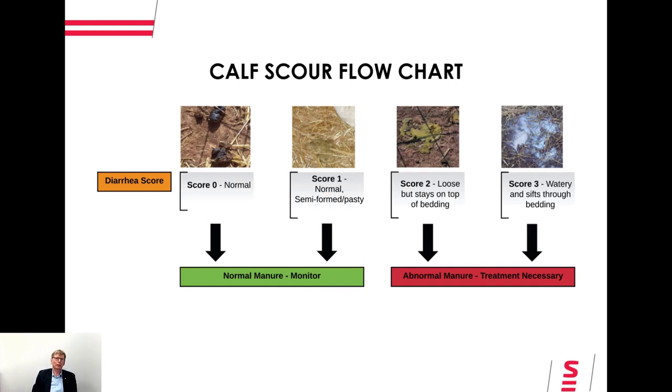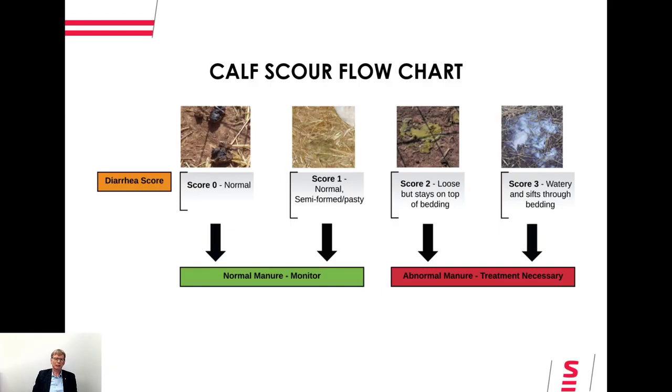I'd like to take you to a flow chart about calf scours. So we start with looking at the diarrhea score. Again, 1 is normal, semi-formed, 2 is loose but stays on top of the bedding, and 3 is really watery, sifting through the bedding.